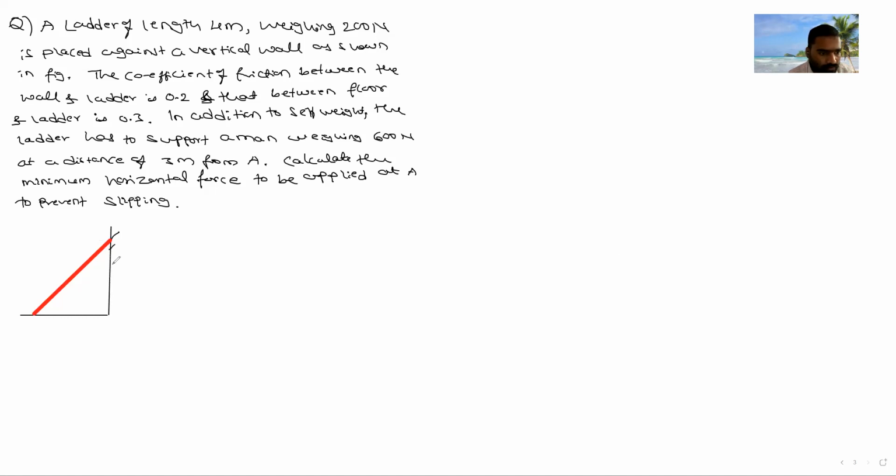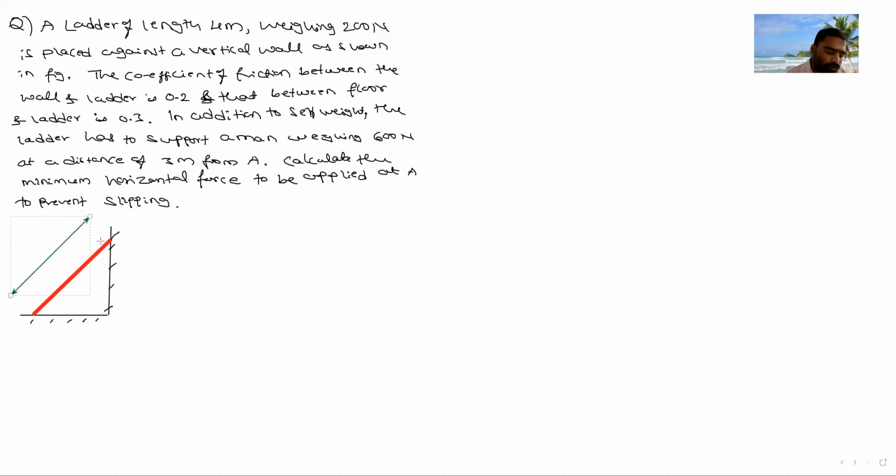So these are the rough surfaces. So what is the total length of the ladder? He has given the total length of the ladder is 4 meter. So I will take this total, he has given, as 4 meter.